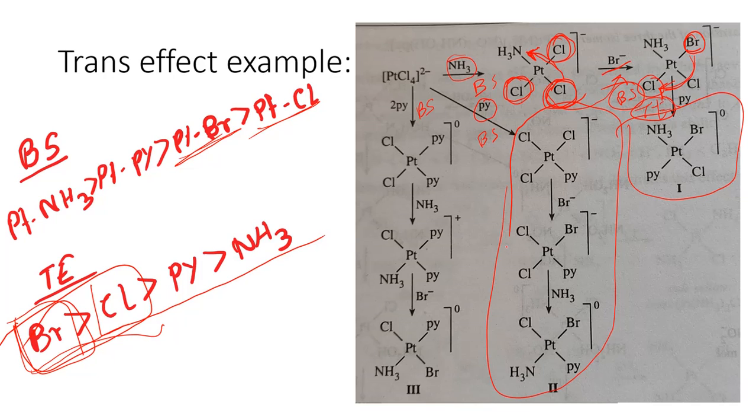If the bond strength is occurring, then it is okay. But if the bond strength is not coming into the picture, then you have to consider the reaction condition. And with the help of these three things, that is the bond strength, trans effect, and reaction condition, you have to draw the overall transformation.